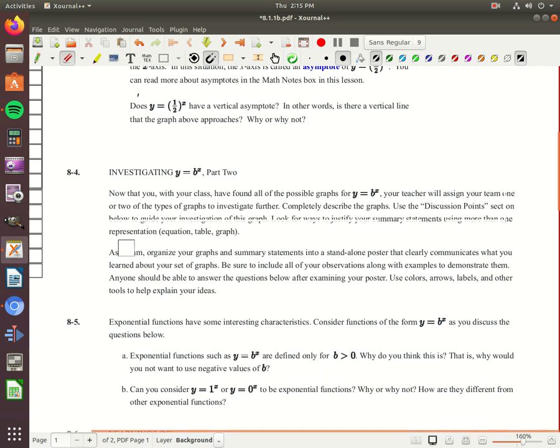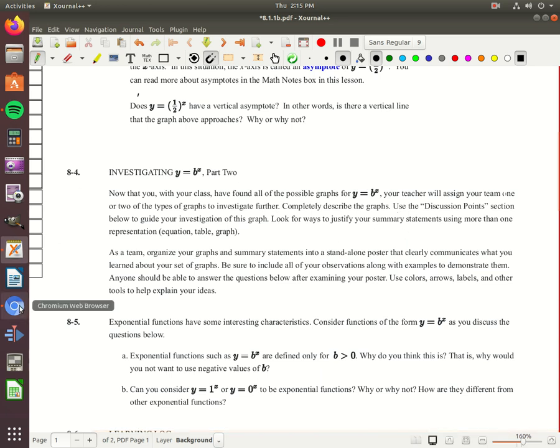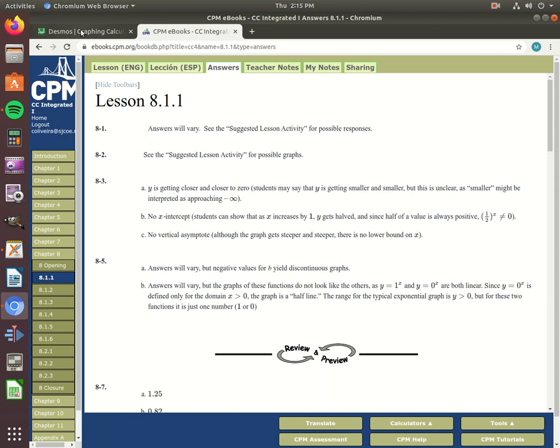So, investigations. It says, now that you, with your class, have found out all the possible values for graphs y equals b to the x, your teacher will assign your team 1 or 2 of the types of graphs to investigate further, completely describing the graph. So, I'll jump over to Desmos, just as a thought exercise.